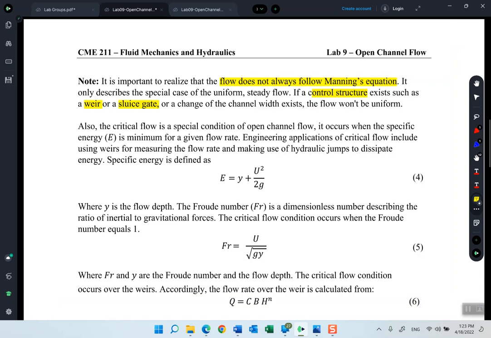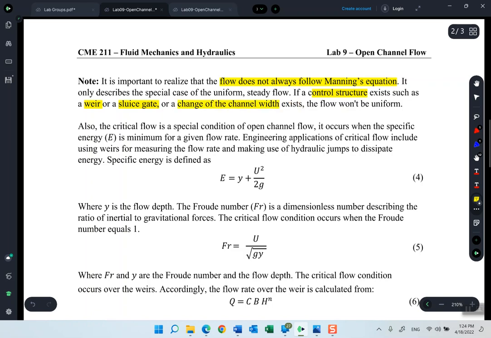The weirs, we are going to get into that in a while, but we are not going to do the same for the sluice gates, but you can search for it. It's a very interesting structure that is usually built within the open channel so it can control the water level and the flow discharges.